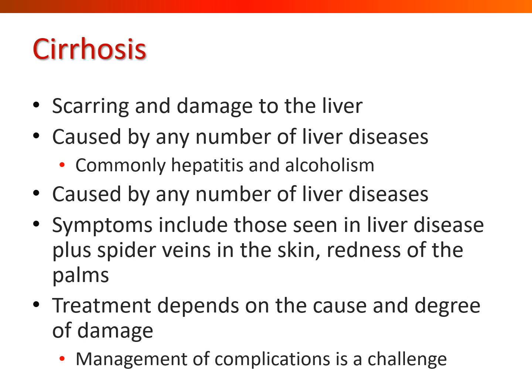So those are two trademarks of cirrhosis. Now, treatment of cirrhosis is going to depend upon the cause and the degree of damage to the liver. And management of cirrhosis can be complicated because this is a very challenging progression to deal with once it gets started.